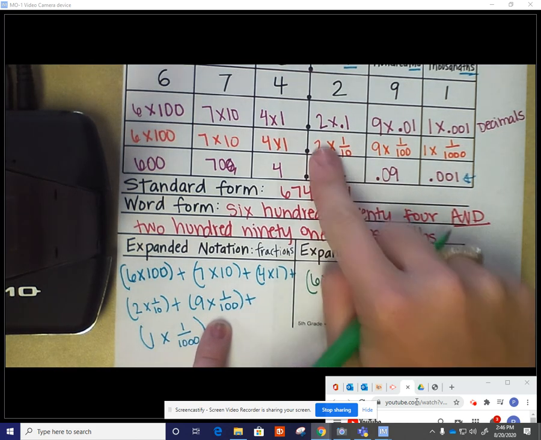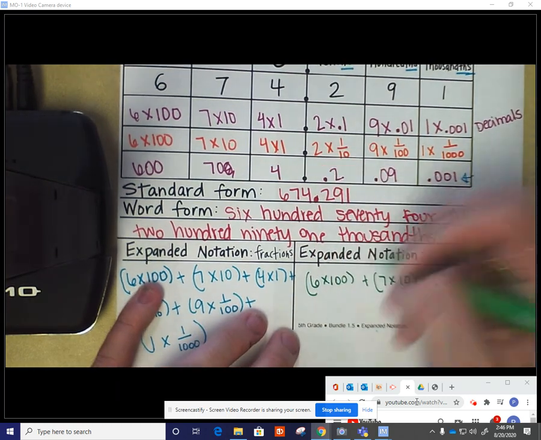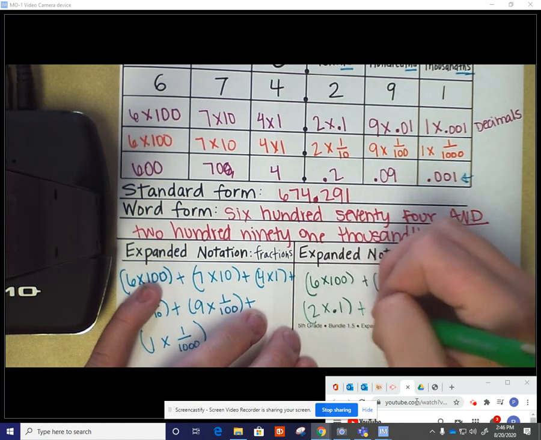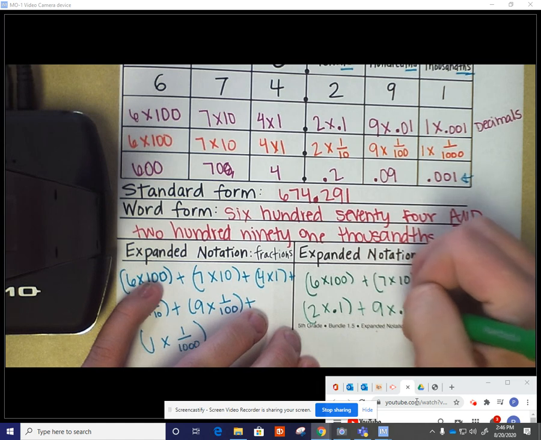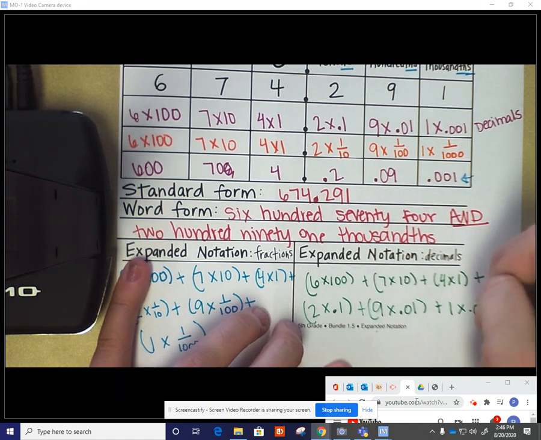Now this is where it changes. So we're going to look at the decimal side. So we have 2 times our 0.1, our 1/10, plus 9 times 0.01, plus 1 times 0.001.